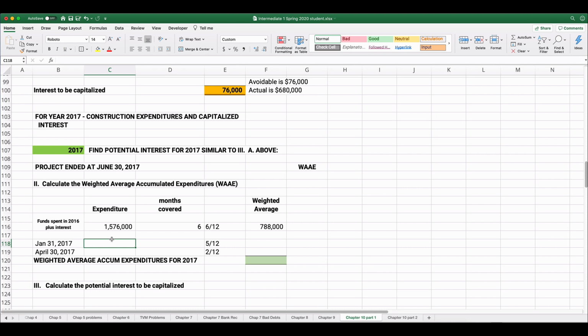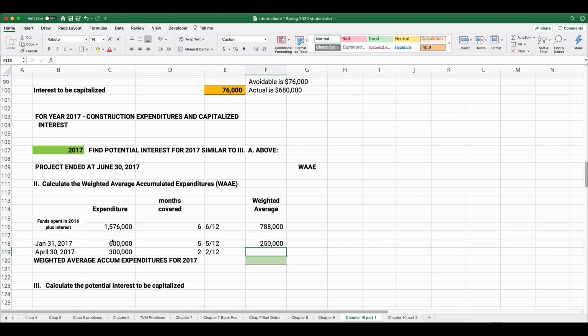Now we're going to take the numbers we already know: the end of January is 600,000 and the end of April is going to be 300,000. We've got 5 months left from the end of January. You got February, March, April, May, June, so 5 full months. You've got 2 full months, May and June. So we're going to calculate the 600,000 times the 5 months divided by 12.